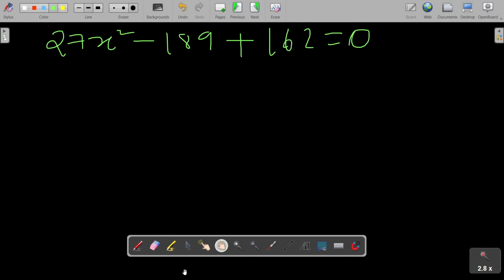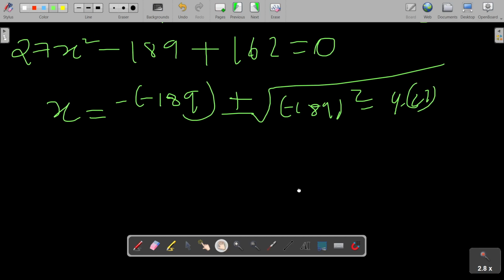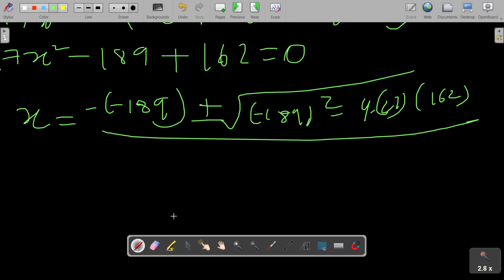So I'm using directly the quadratic formula here. Negative b plus minus root of b squared, so minus 189 whole squared minus 4 into A into C, C is 162, whole divided by 2 into A, A is 27.